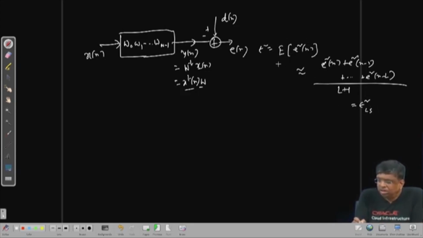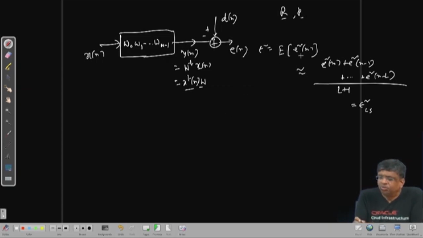This is the actual mean square error, but it has that E operator, and therefore, if you express it, we have already given the expression in the previous page, that we will have R and P. That is coming because of that E operator. But suppose I replace this by a good estimate.